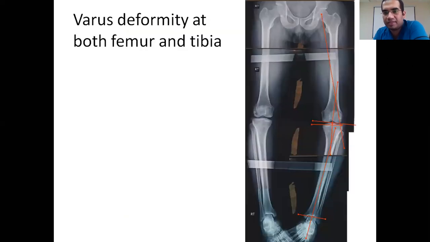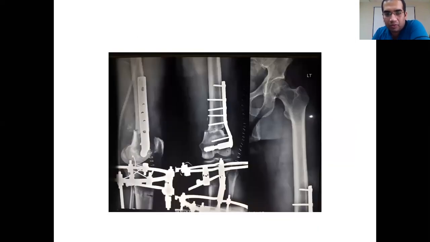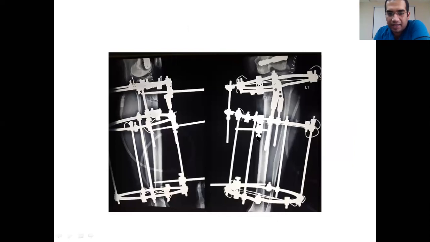This is another case. This is a case in which there is deformity in the femur and in the tibia as well. Again, here in this case, I did an osteotomy lower down. I translated the fracture as well, and then I fixed it with a DCS, and the lower part was fixed using an Ilizarov fixator.